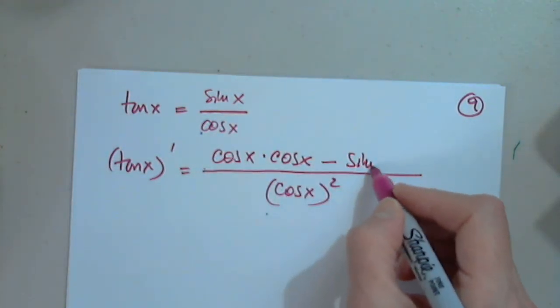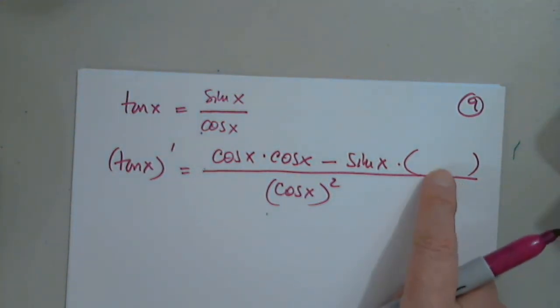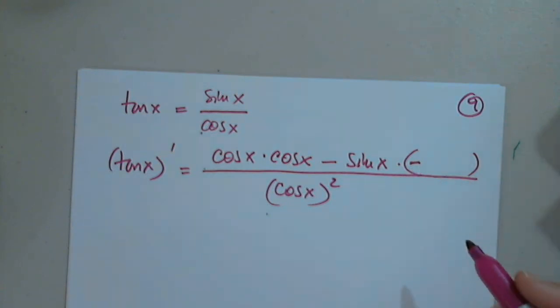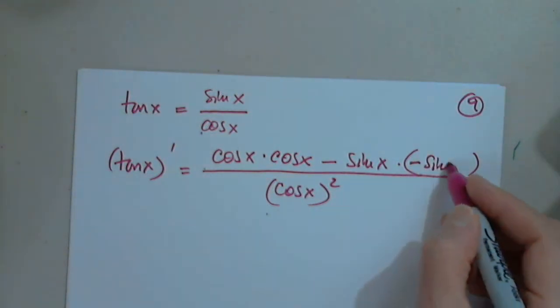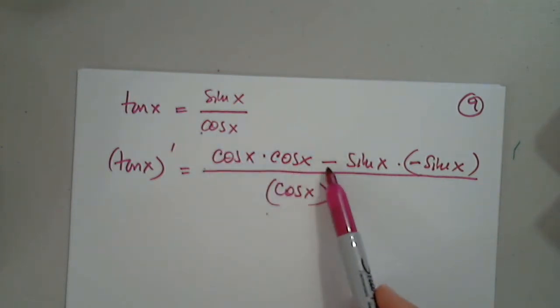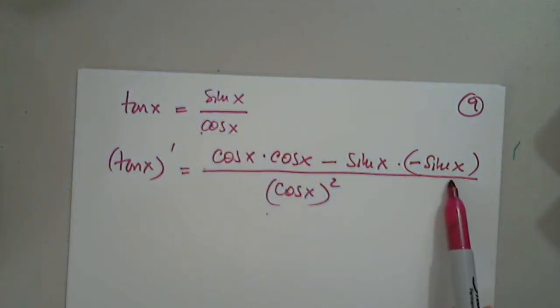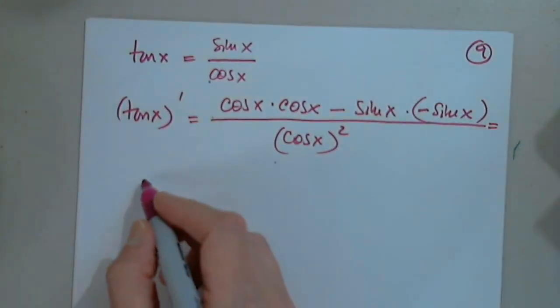Minus sine x times... or cos x. Careful. Minus sine x. Good. So sine prime is cosine times the denominator minus sine times the denominator prime, which is negative sine. Good. Let's see what we get.